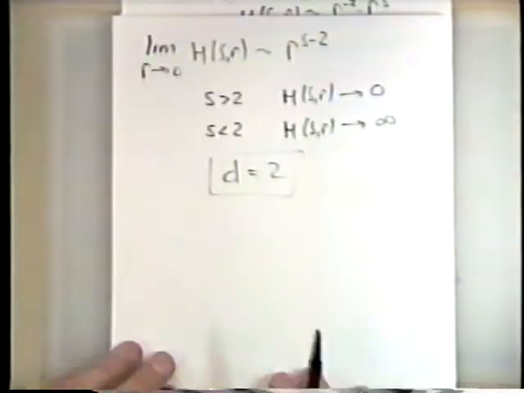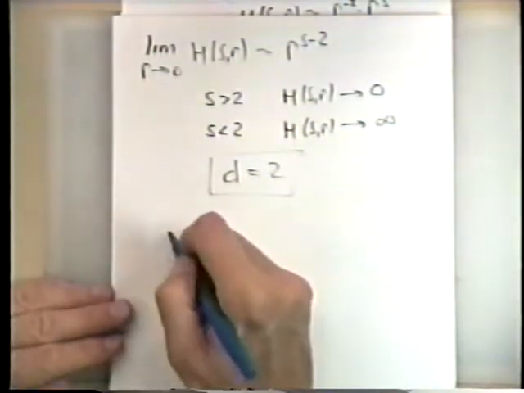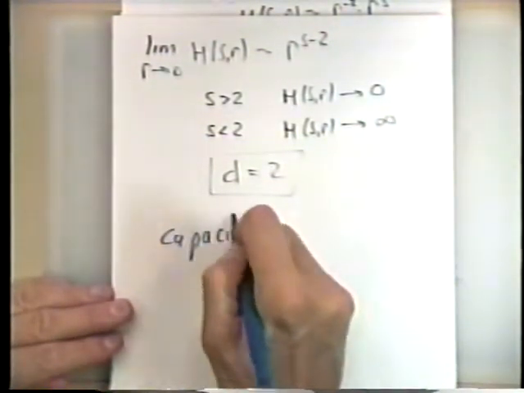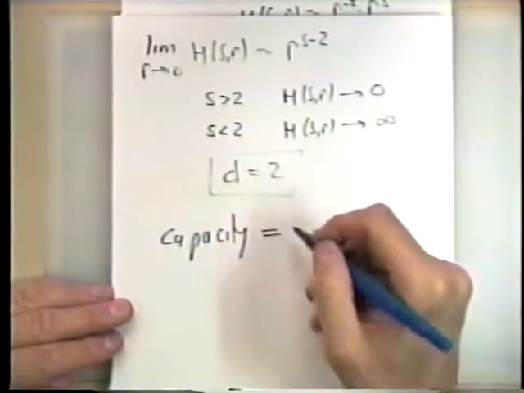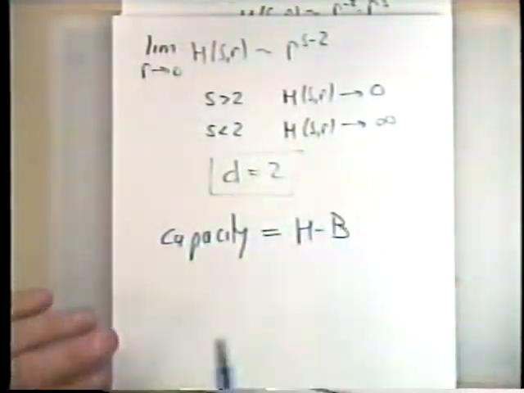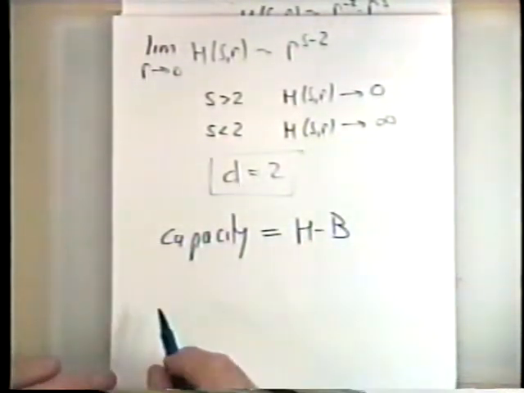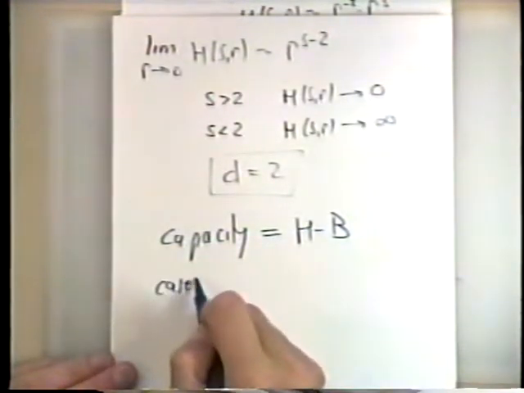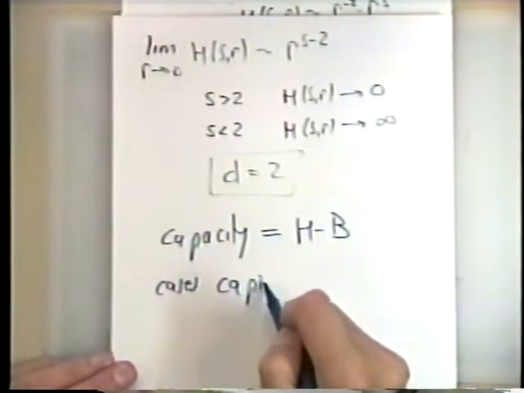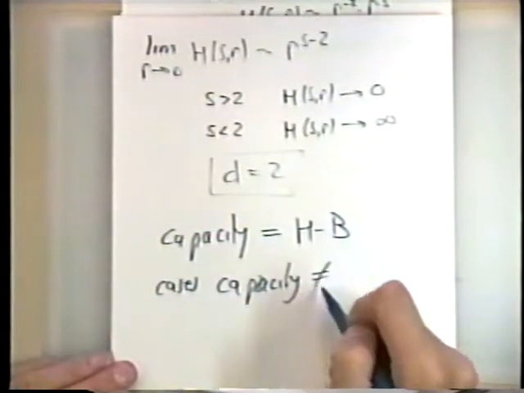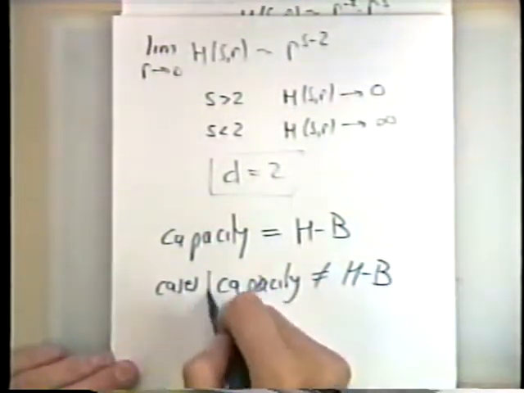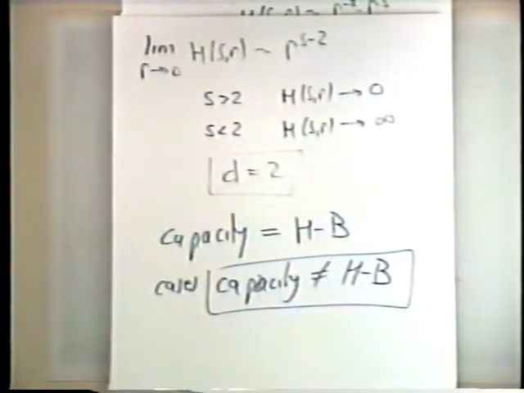In general, for most of the cases we'll be dealing with, the capacity is pretty much equal to this Hausdorff-Besicovitch dimension, but it doesn't have to be equal. There are cases, for example, where the capacity is not equal to the Hausdorff-Besicovitch dimension. There are mathematical fractals that have some unusual properties where this is not the case.